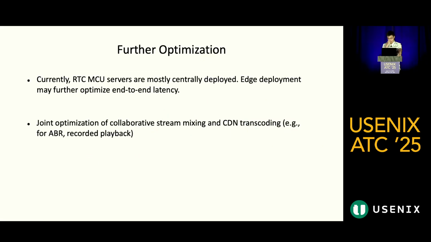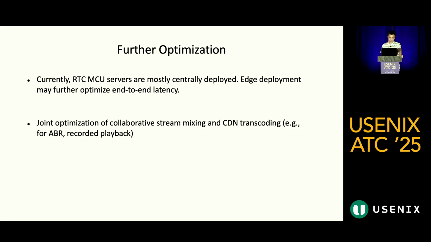At last, I also want to briefly mention some possible future optimizations that may be needed for AnchorNet. First, the end-to-end streaming latency in AnchorNet still has room for further reduction. That is because the RTC MCU servers used to conduct stream mixing and transcoding are currently mostly centrally deployed.